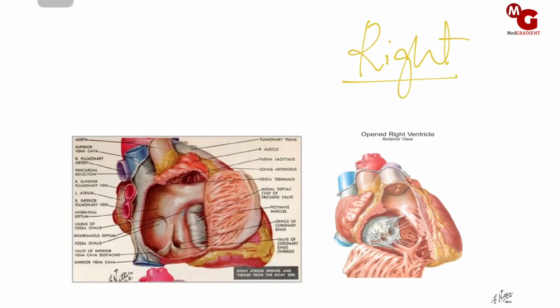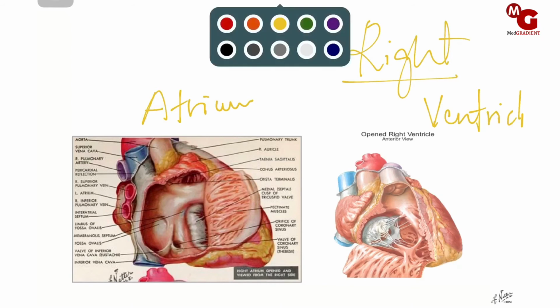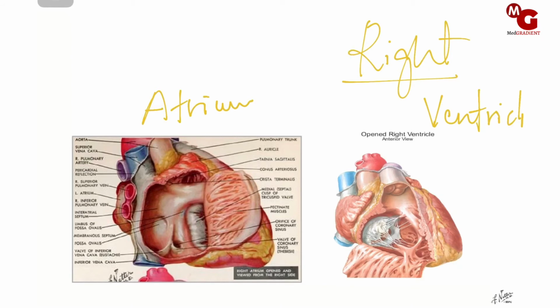Right now, you've got the right atrium opened over here, atrium, and you've got the right ventricle open in this image, ventricle. Now in the atrium, what I want you to understand is that we've got these muscles over here, right?